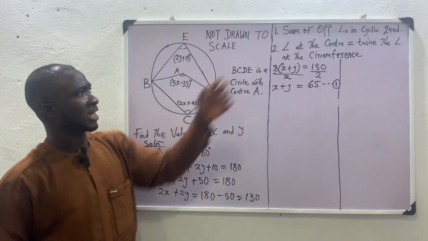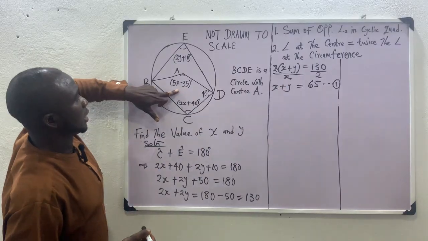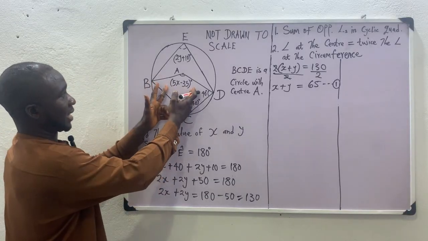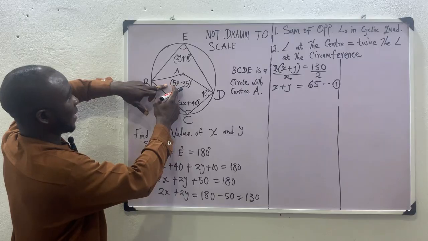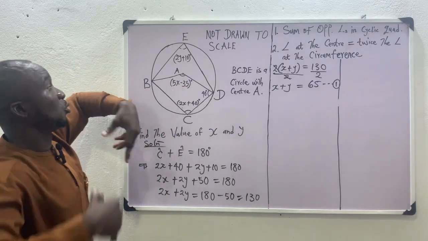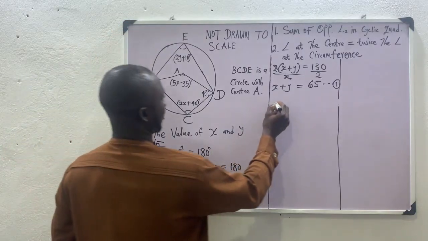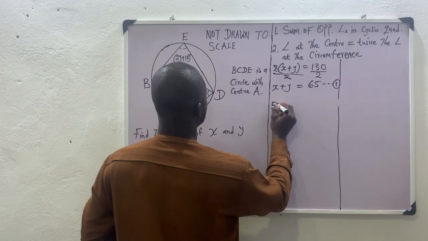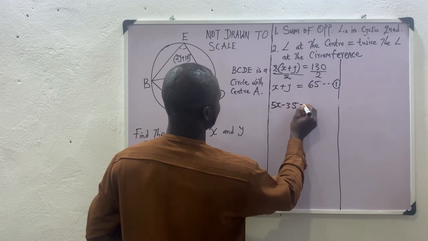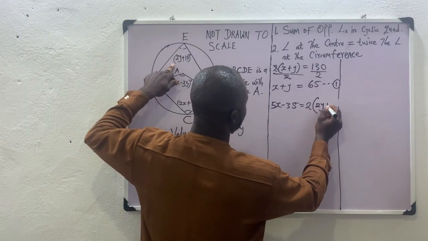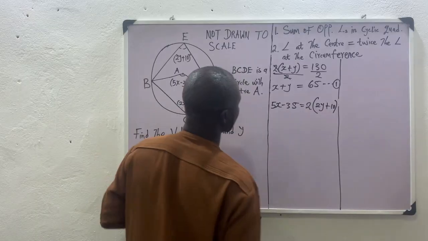Now let's make use of the second relationship. The second relationship is saying that this angle at the center, which is 5x minus 35, will be double the angle at the remaining part of the circumference. In other words, 5x minus 35 will be 2 times this angle, 2y plus 10.